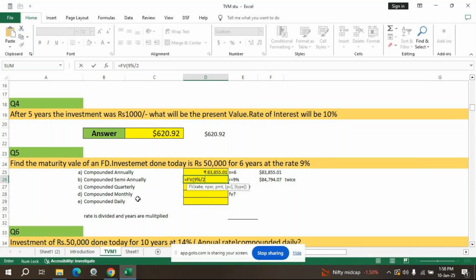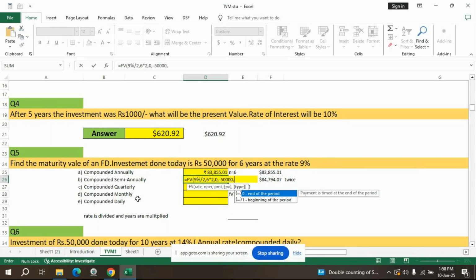Now comma nper. Nper is nothing but 6 years into 2. Then comma pmt, so pmt is 0. Then comma pv, so pv is minus 50,000.